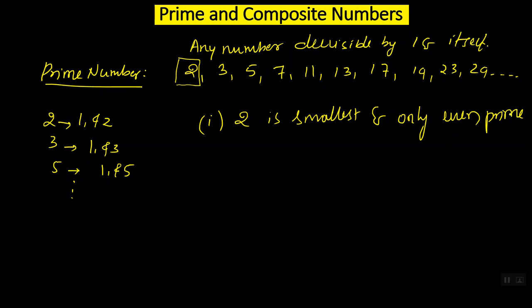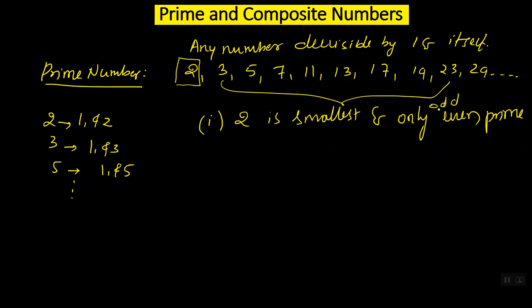So let's say in a paper you get a question like prime numbers greater than 2, or they may say x and y are prime numbers greater than 2. It means they are indirectly talking about odd numbers, isn't it? All the prime numbers greater than 2 are odd numbers.